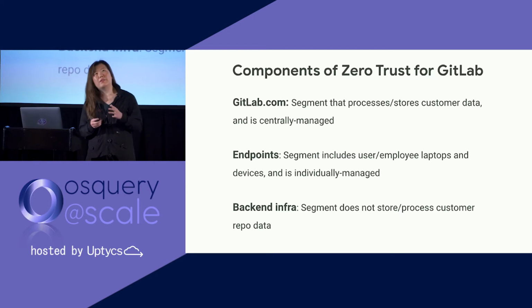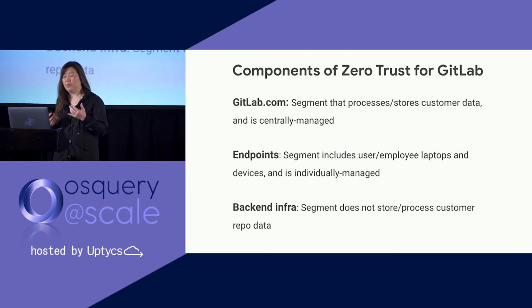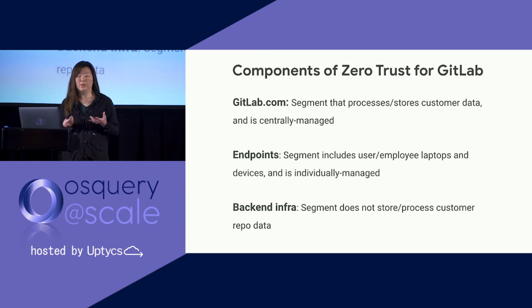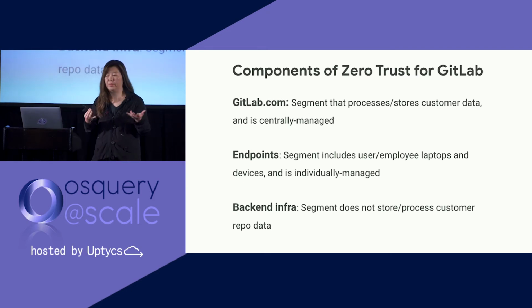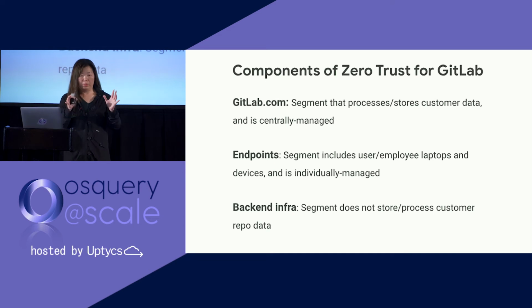So in building out the Zero Trust roadmap and with the strategy that we set out to build, we separated out all of the different components for GitLab itself. And so we said, okay, there is an infrastructure, GitLab.com. That's where all of the user and customer data is stored or processed or managed. That's one piece. The other piece is endpoints, right?